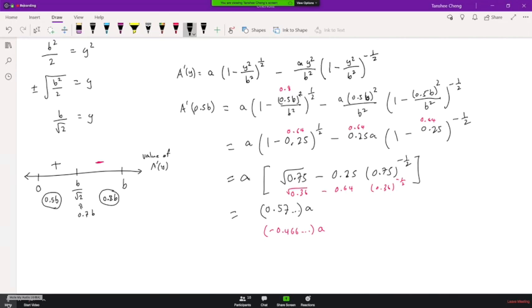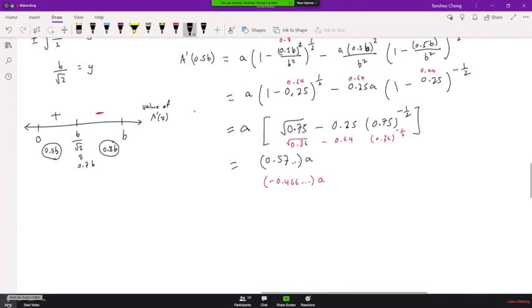So from here, what we get is what? Now that we know, by the first derivative test, the area is at maximum when y is equal to what?